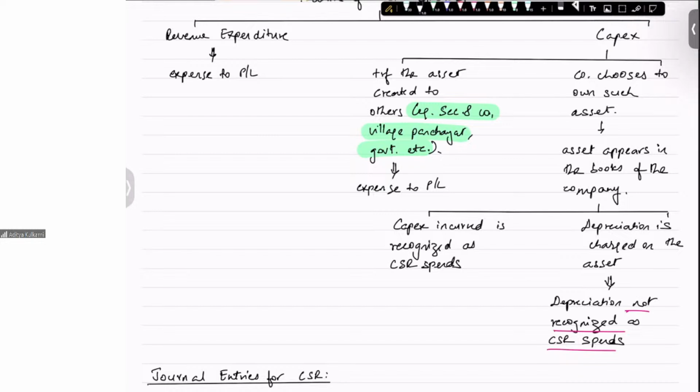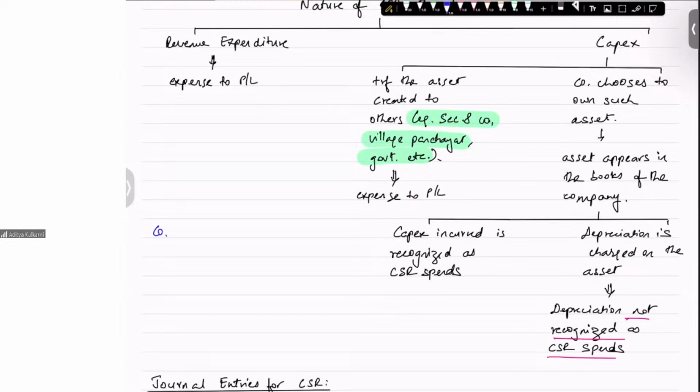The amendment says the company has to transfer the asset to a Section 8 company or registered trust within 180 days. Is it okay? Are you clear?